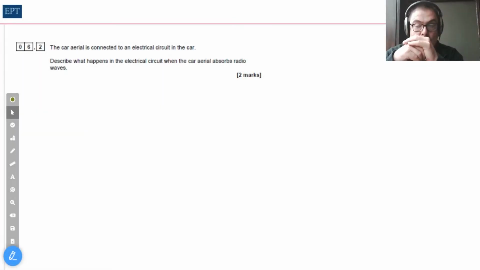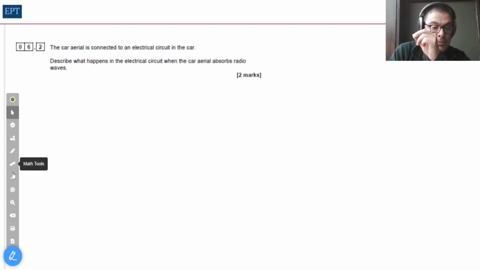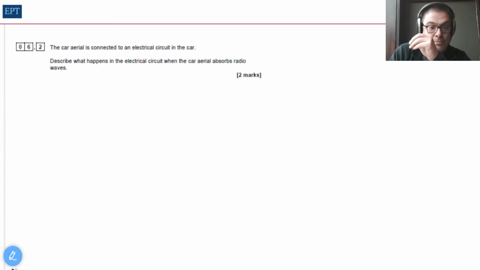6.2 is an interesting one because it's a tiny weeny little part of the syllabus which often isn't talked about. What we've got here is a process whereby the electromagnetic radiation, the radio waves, create a current in the aerial which follows the same frequency as the radio waves. So you would write something like this.